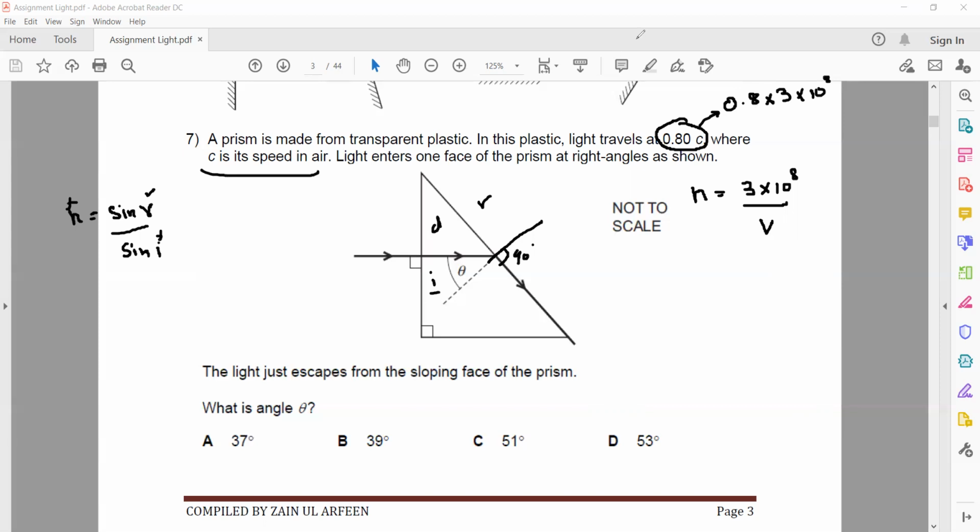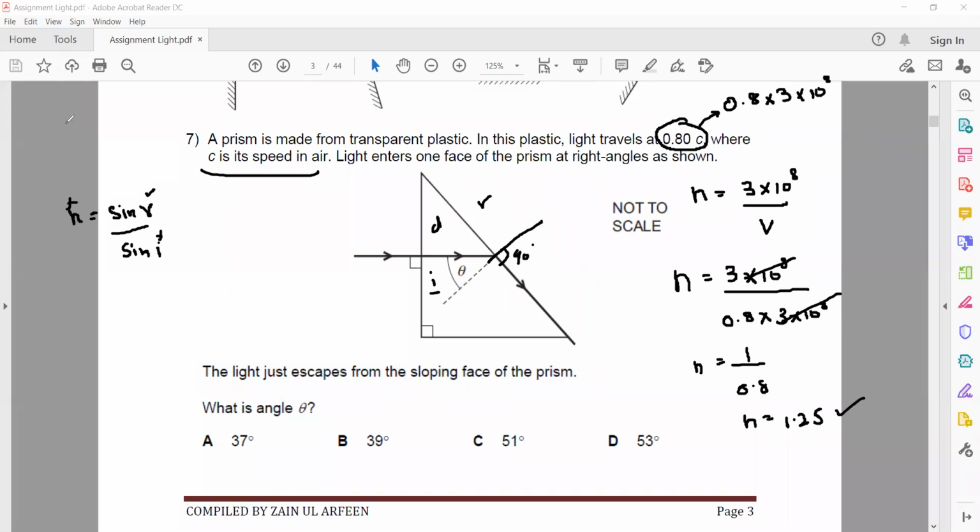So when you solve, the refractive index is 3 into 10 to the power 8 over 0.8 multiplied by 3 exponent 8. This 3 exponent 8 cancels with 3 exponent 8. Refractive index is 1 divided by 0.8, and 1 divided by 0.8 is 1.25. So now you have the refractive index.